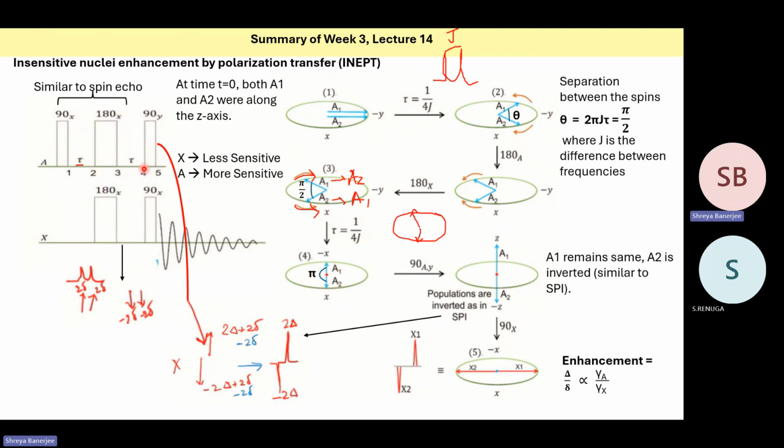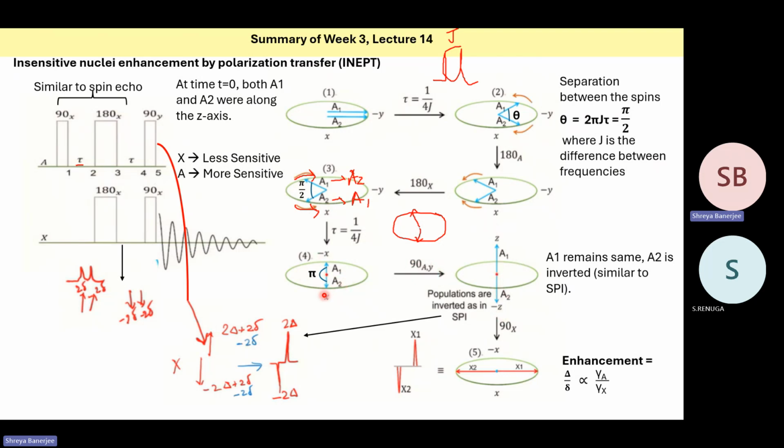After that, you add a 90 Y pulse to A. So to the A spins, you are applying a 90 Y pulse. So the A spins are now on the X axis. When you apply a 90 Y pulse, they will go back to the Z axis.